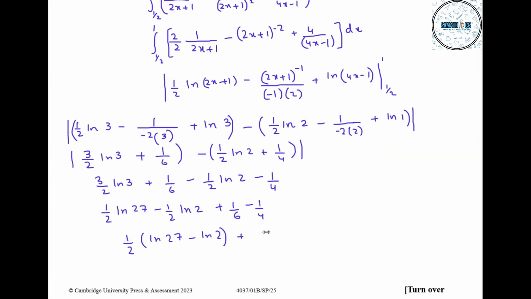And here we can take LCM. 12 is LCM. So 6 2s are 12, so it will be 2. And here it will be minus 3. Both these are 12. So 1 will be multiplied by minus 3. So we can write here 1 upon 2 ln 27 upon 2. 2 minus 3 is minus 1. So it is minus 1 upon 12.